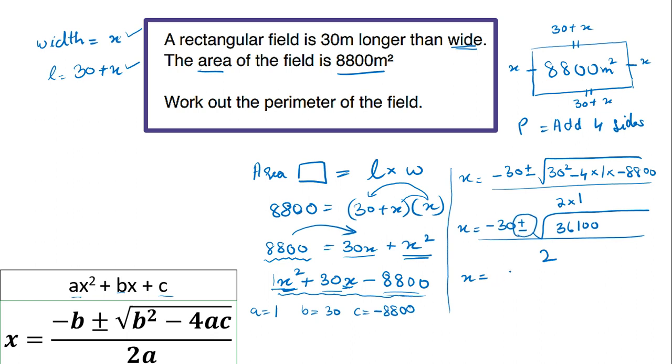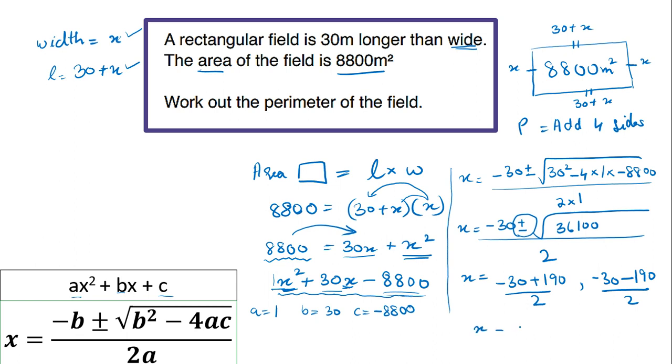I have 190 as my final answer after the square root. So I have negative 30 plus 190 over 2, and another value that is negative 30 minus 190 over 2. So now negative 30 plus 190 gives me 160, and that divided by 2 gives me 80.